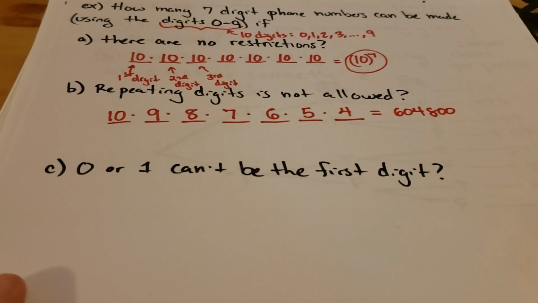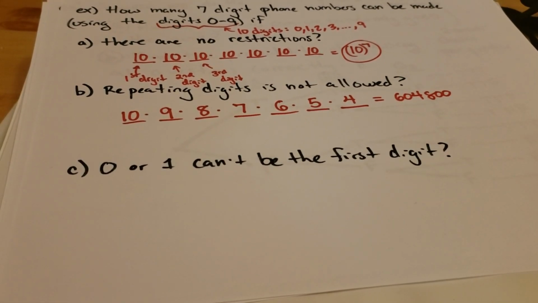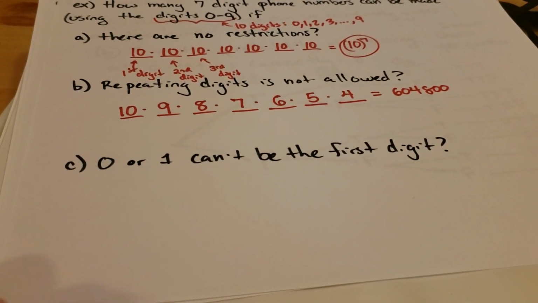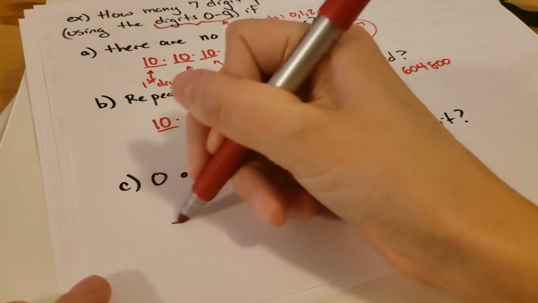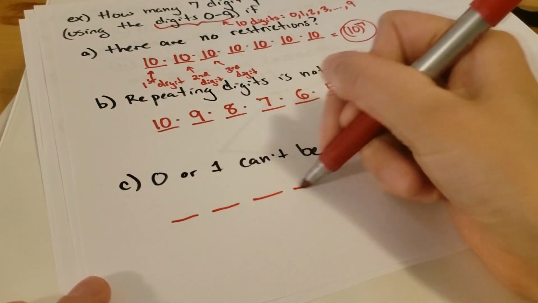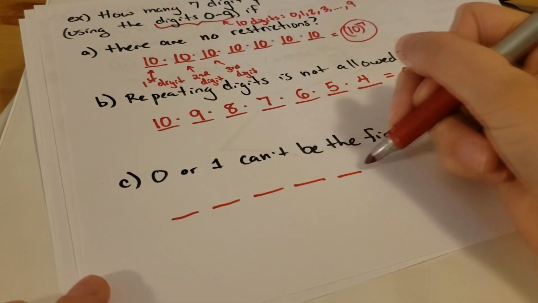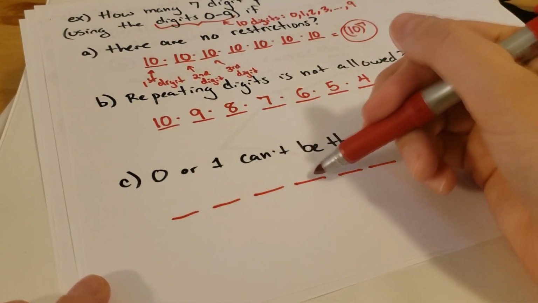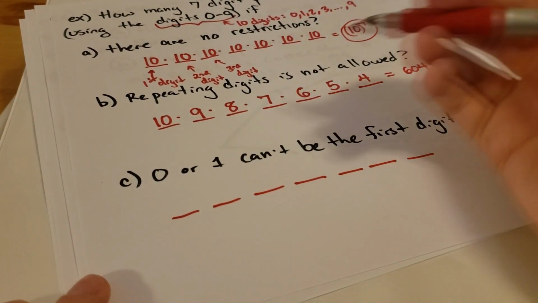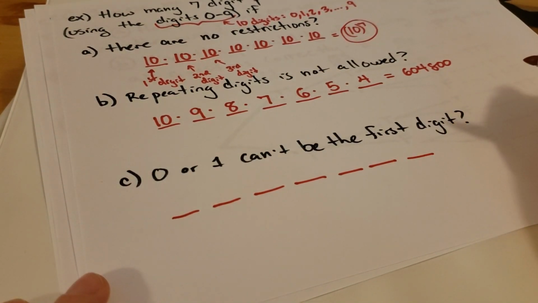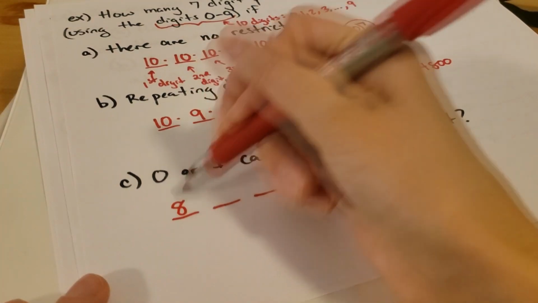Now let's assume that 0 or 1 can't be the first digit. Again, we start out with 7 positions. If 0 or 1 is not allowed to be the first digit, we can choose any of the other 8 digits that are left.